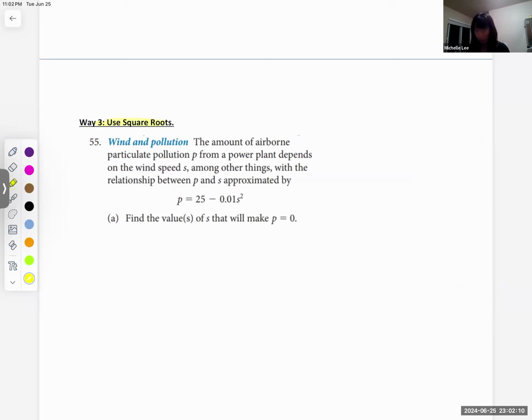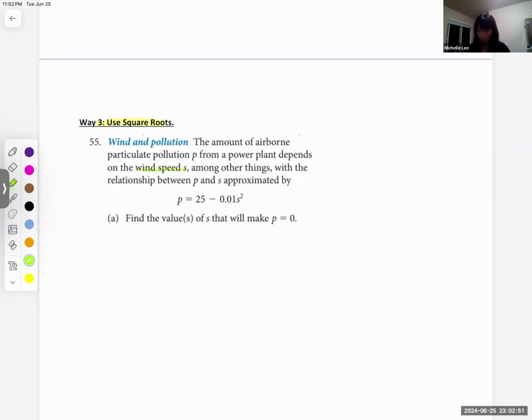We have the equation P equals 25 minus 0.01 s squared, where s means wind speed and P is the amount of airborne particulate pollution. Now find the values of s that will make P equal to 0.